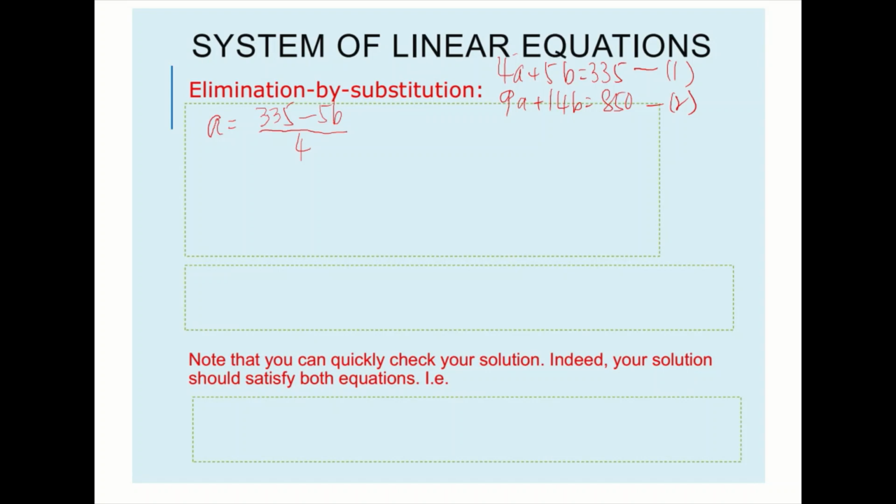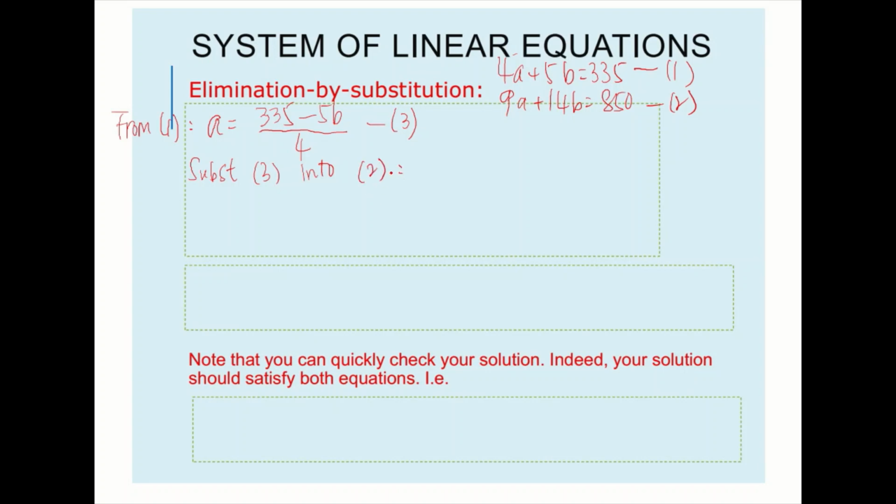So from equation 1, we get A. However, we are going to write this as equation 3. From equation 1, we get that A is 335 minus 5B over 4. Now I'm going to substitute this into the second equation. So substitute equation 3 into equation 2.